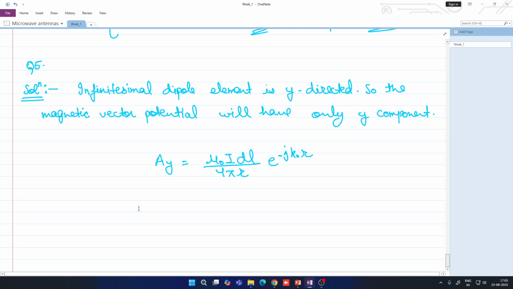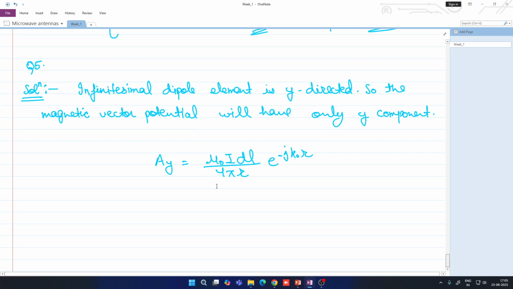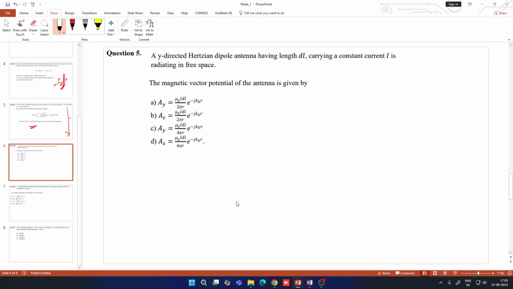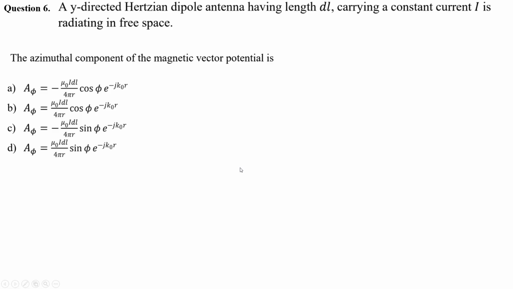If you match it with the given options, the correct option is option C. I hope this question is clear. If you have any doubt in this, please let me know. If this is clear, we will move on to question number 6.